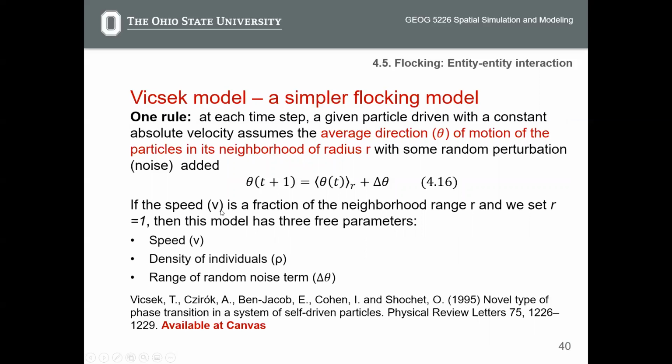And if the speed, we're talking about the value of the speed, not the direction, okay? If the speed is a fraction of the neighborhood range R, and we set R equals 1, then this model has 3 free parameters. What is a free parameter? A free parameter in mathematics is a parameter that cannot be very accurately predicted.